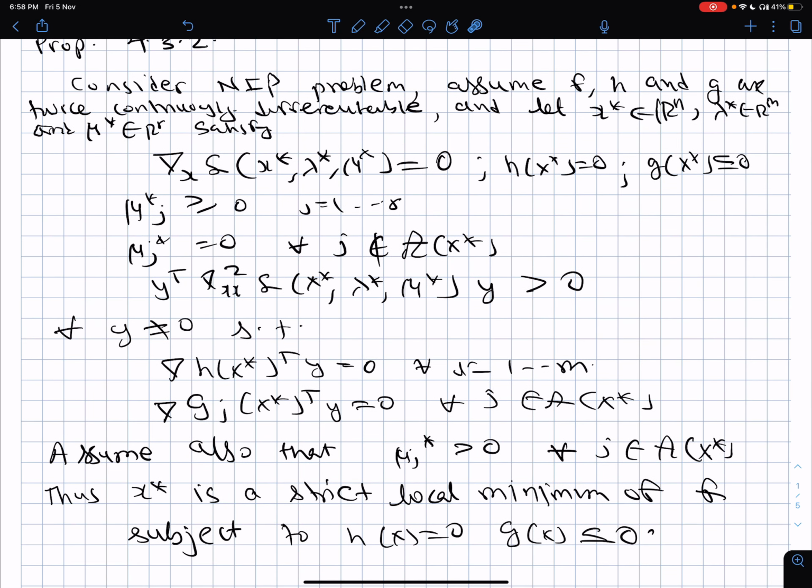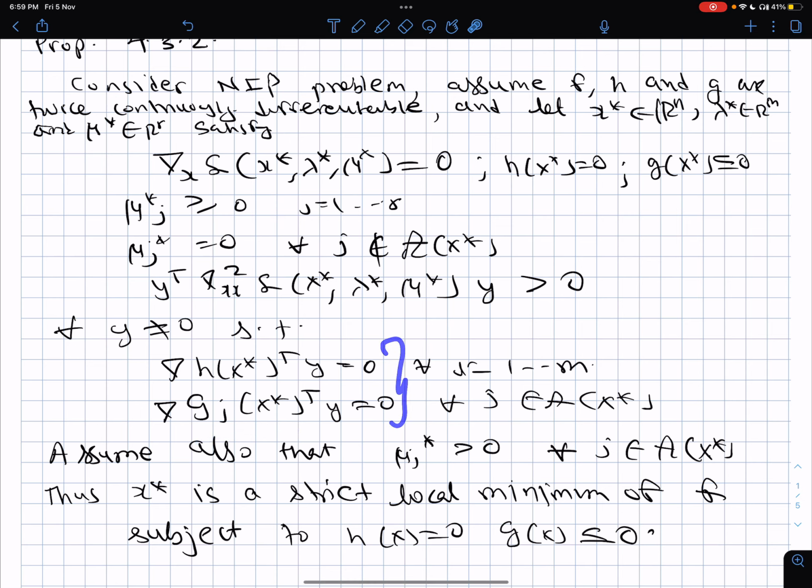Now this is all a part of the necessary condition also. Now you evaluate the Hessian of the Lagrangian function with lambdas and mu fixed at the corresponding star values, and x also fixed at the corresponding star value. This is an n cross n matrix, and it should have positive curvature for all non-zero directions y which are in the null space of the Jacobian of the equality constraints and the binding or active inequality constraints.